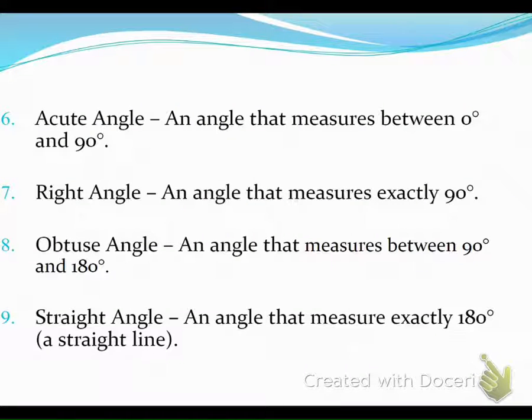An acute angle. If you guys saw this written as inequalities, we would have 0 is less than our angle measure, which is less than 90 degrees. I'm going to write that out just so my symbols don't confuse you. So it cannot be 0 or 90 and be considered acute. It has to be between 0 and 90. For it to be a right angle, it's exactly 90 degrees.